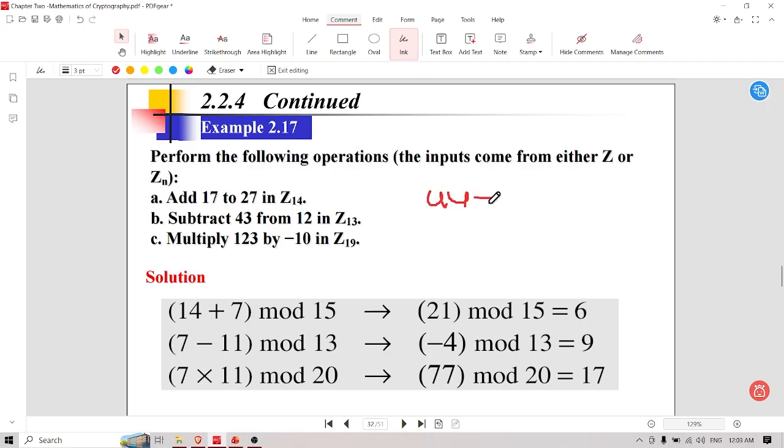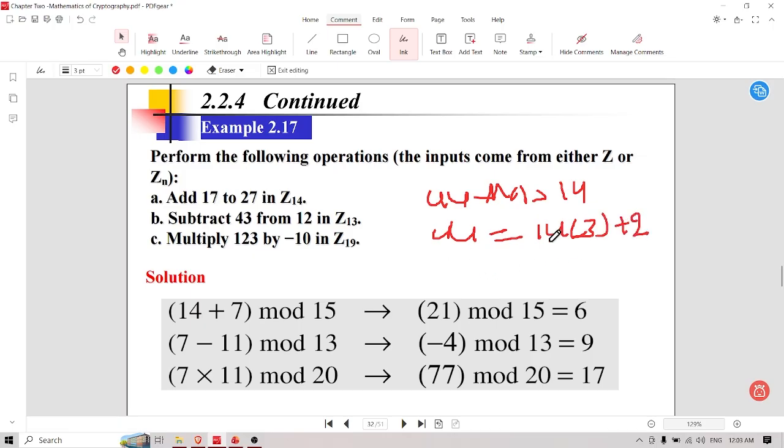Now 44 mod 14 will be... 14 multiplied by 1 would be 14, by 2 would be 28, and if we did it with a 3, we will get something like this.